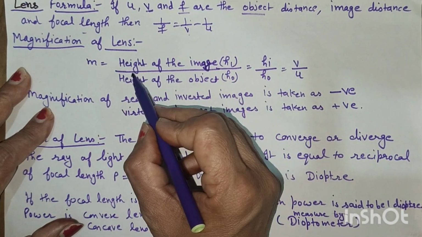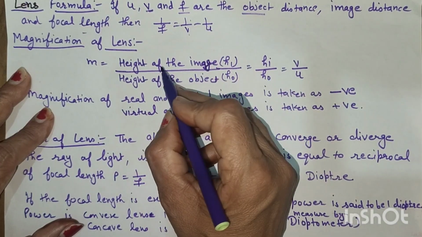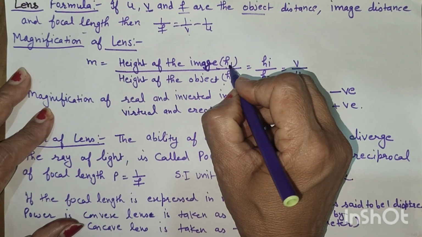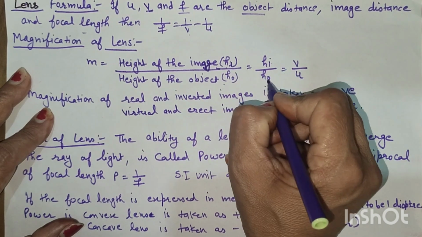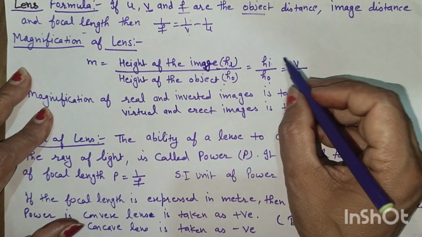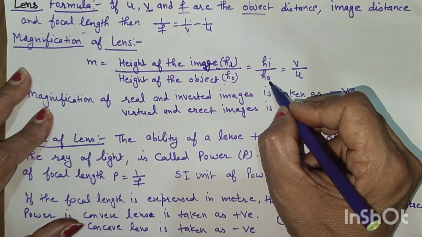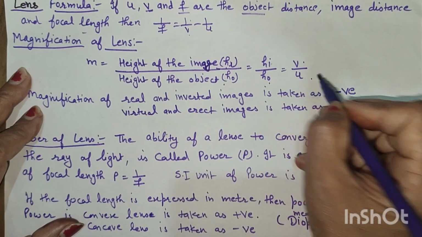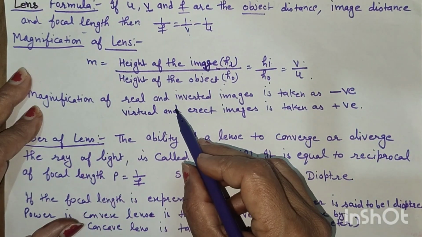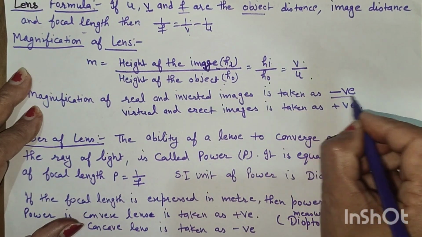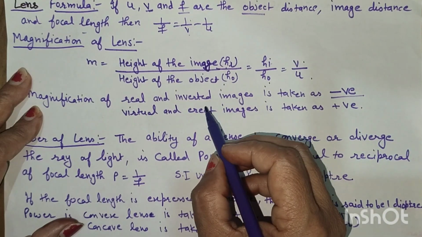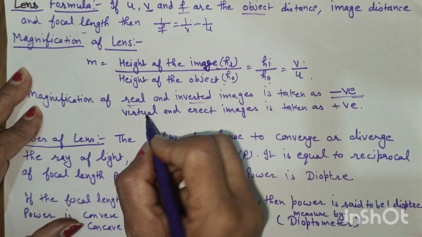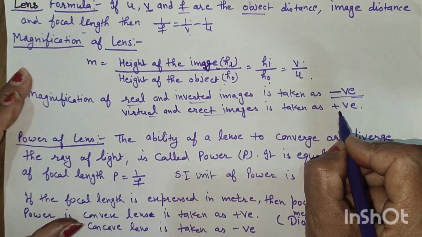Magnification of the lens is the ratio of the height of the image to the height of the object, h_i by h_o. Magnification for a real and inverted image is taken as negative, and for a virtual and erect image it is positive.